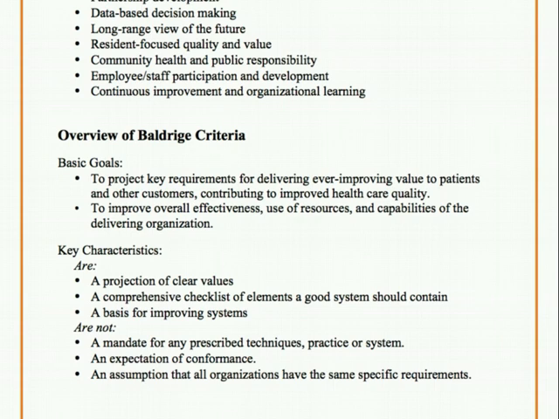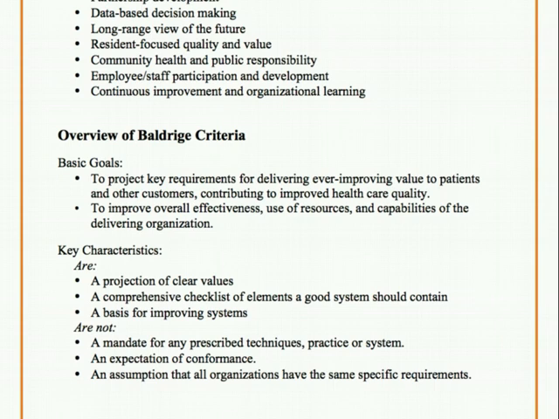In other words, what is necessary for a facility to consistently and systematically improve. The second goal: to improve overall effectiveness, use of resources, and capabilities of the delivering organization or facility. This goal speaks to maximizing value within the particular environment, regulatory requirements, strategic position, and local market in which the facility operates.